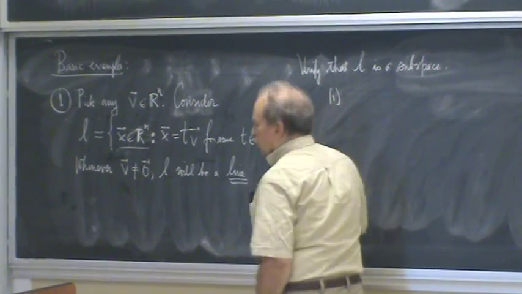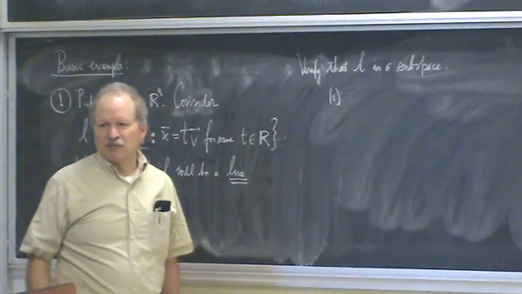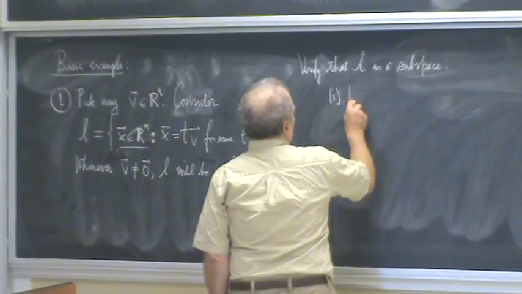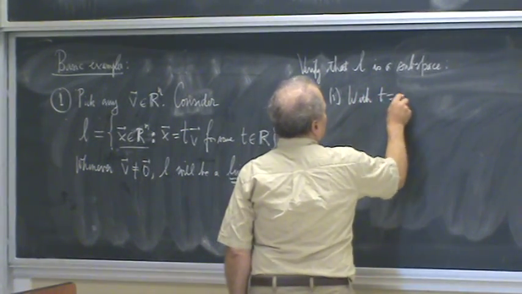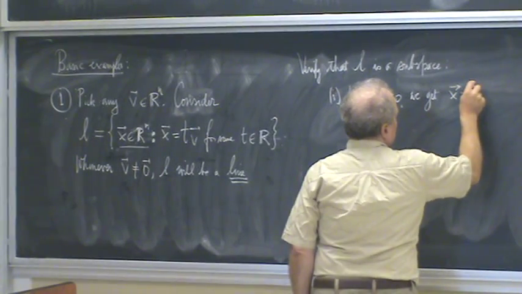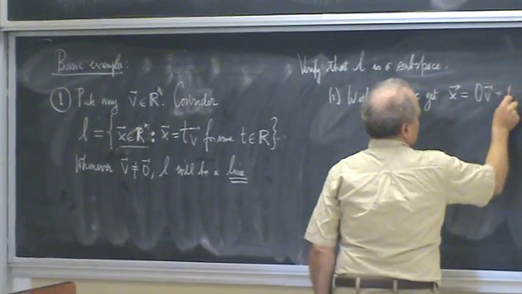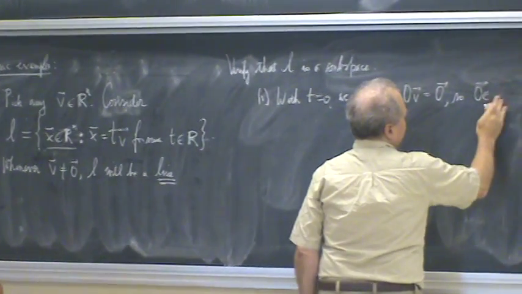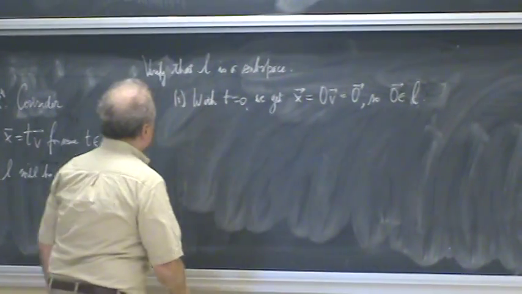Does condition 1 hold? Yes, because you can have a scalar 0. If t equals 0, we get x is 0 times v, the 0 vector, so 0 is in L. Okay?